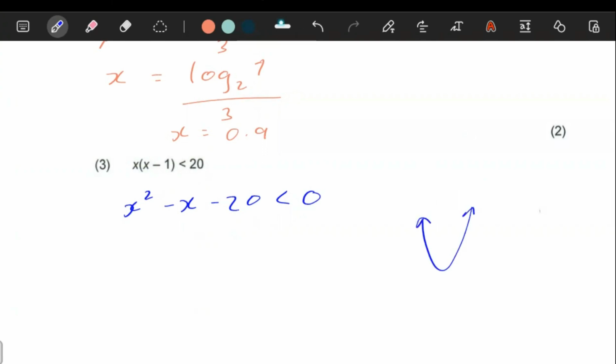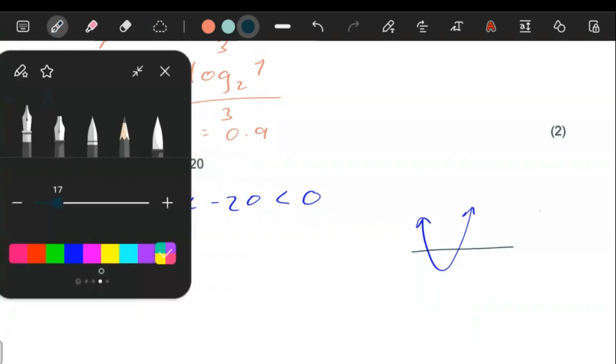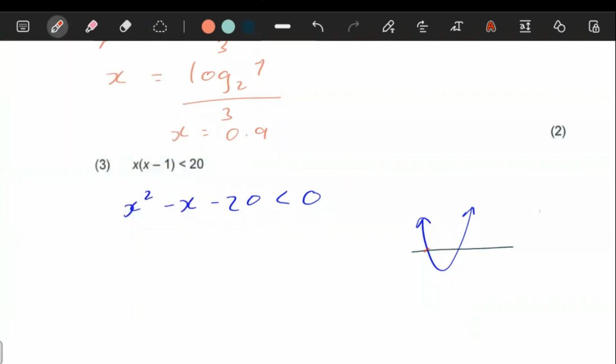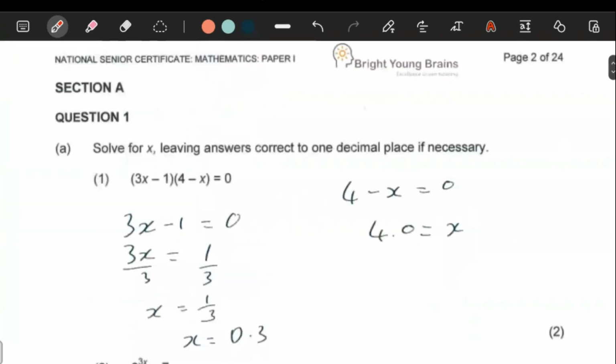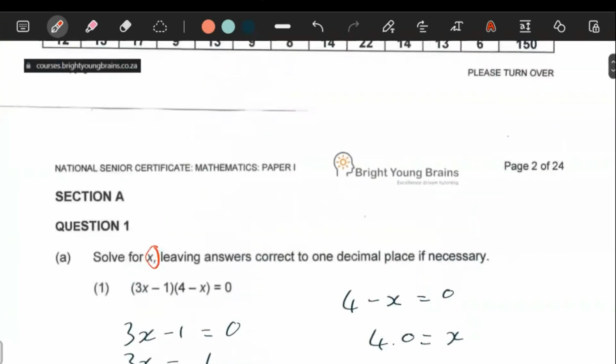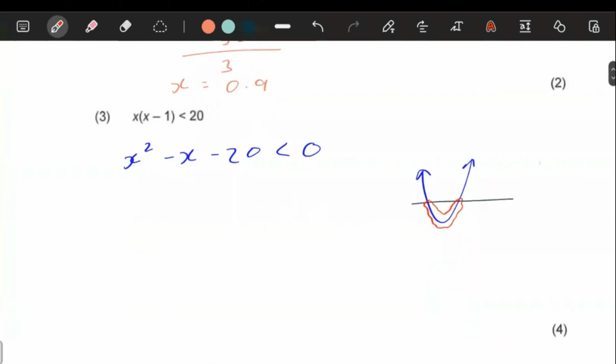Your x-axis is somewhere there. They're asking you, where is this graph below 0? Your graph is below 0 over here. Since they're asking for the x values where the graph is below 0, you're going to say it's below 0 starting from this x value up until this x value. So we have to find what those x values are.